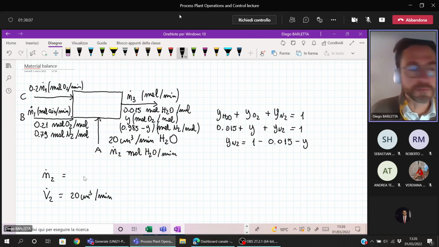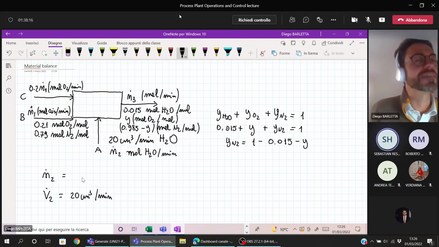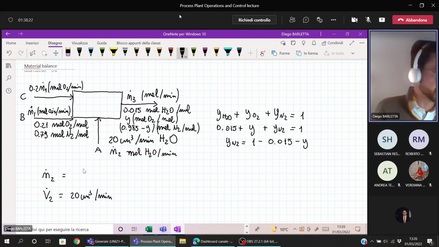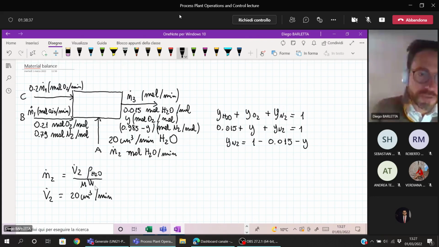Sebastian, maybe it's your contribution now. Yes, welcome. We just need to multiply by the density of the water and then divide by the molecular weight of the molecule. Perfect. That's it. So we multiply by the density of water, and we divide by the molecular weight of water.